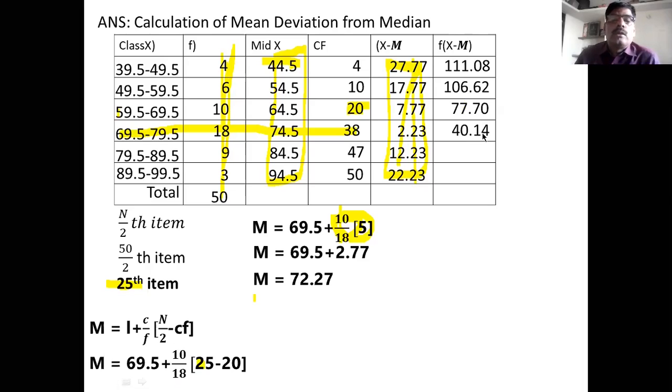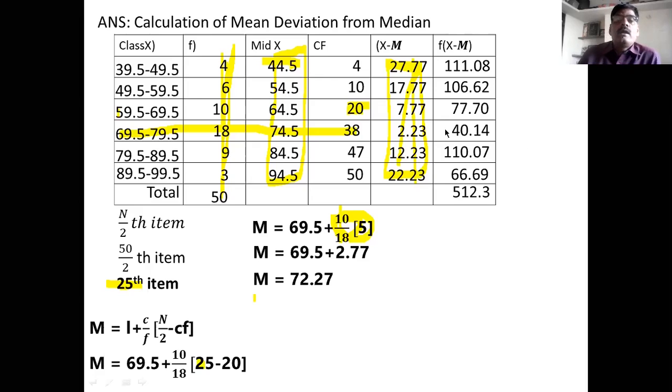Fourth is 40.14. 18 into 2.23. 9 into 12.23, 110.07. 3 into 22.23, 66.69. In this way, you multiply and ascertain the value. Then you take the total of this. Total of this is called summation of f into x minus m.